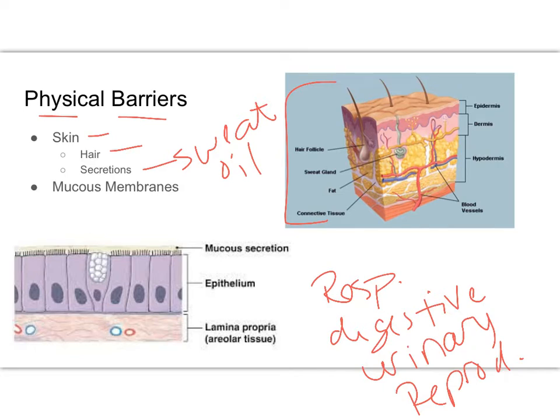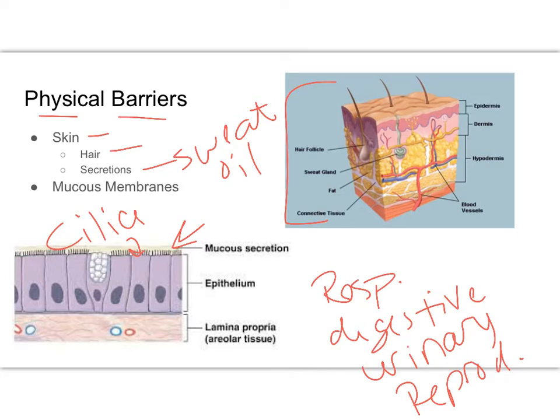The way the mucous membrane is built, it's going to contain that mucus secretion on the top, and there's also going to be cilia. Remember, cilia are these little hairs that you see on the top here. That mucus secretion is going to help trap the microorganisms, and then the cilia wave, or they sweep things across the surface of the cell.